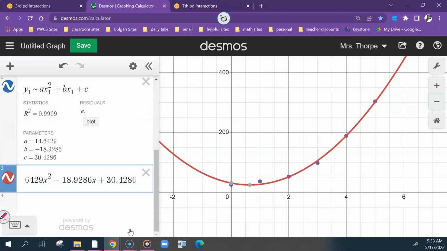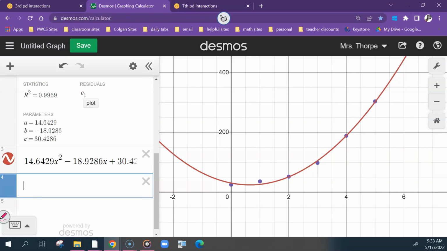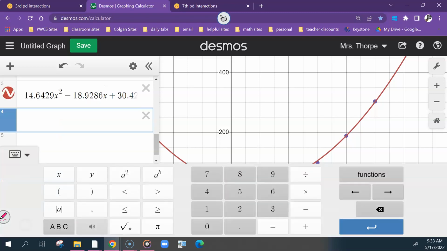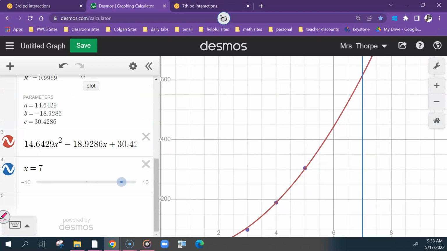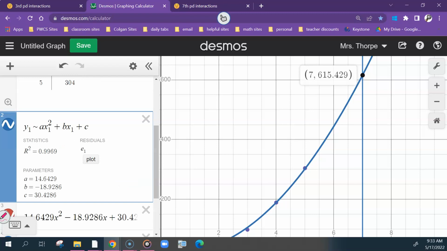You can do the next part one of two ways. It says when x is 7, after 7 years. So if I say x equals 7 and I find that intersection point, the y value would be my answer.